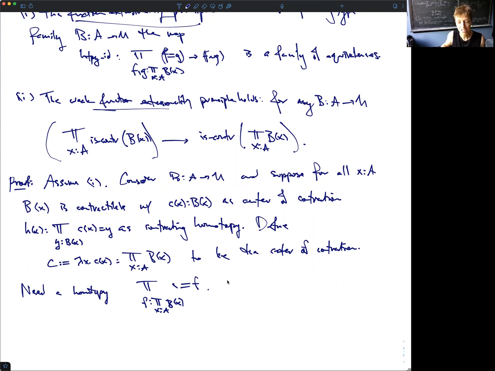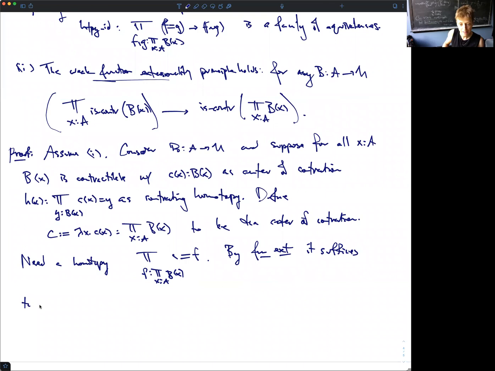But by the function extensionality principle, by funext, which is the traditional abbreviation for function extensionality, and I think I'll start using it now, it suffices, rather than defining an identification between the function C and the function f, to give a term of type C homotopic to f. To get this identification, all I need to do is get a homotopy. That's what the inverse equivalence to this function extensionality axiom provides.